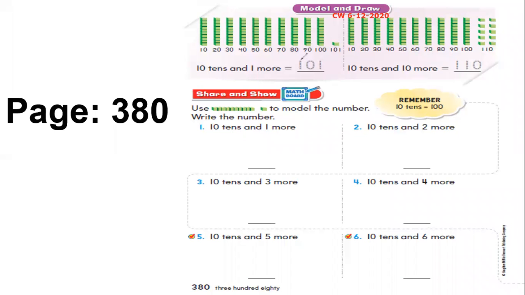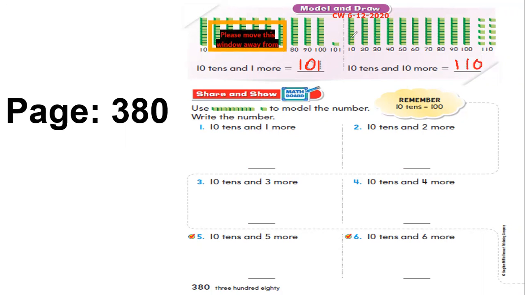That becomes 101. In the same way, I have here 10 groups of 10. That becomes 100. And then I have 10 more. So you draw the 10 more ones. 10 groups of 10 and 10 more becomes 110.